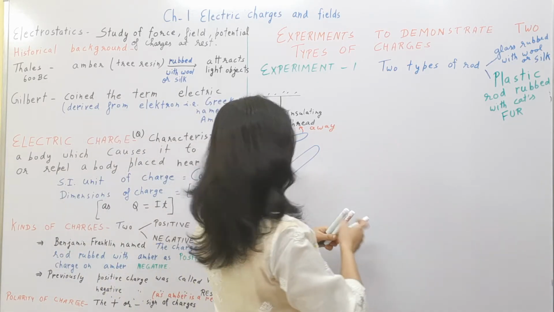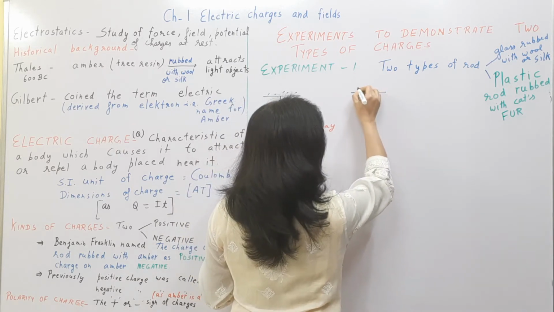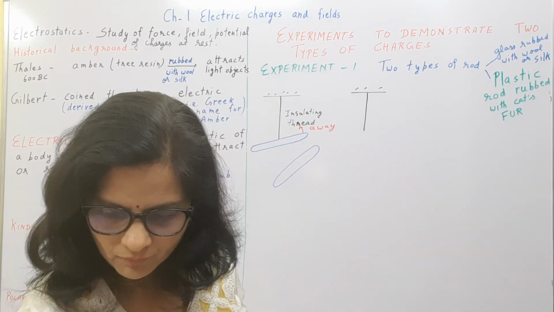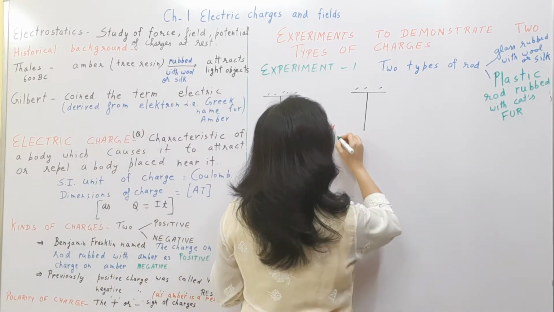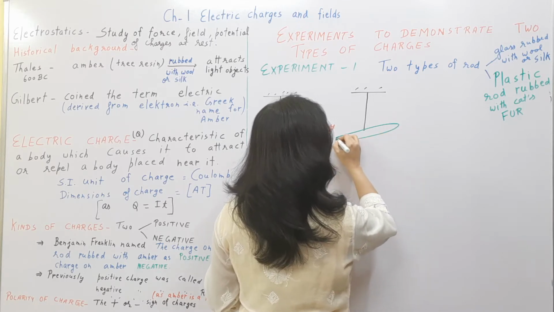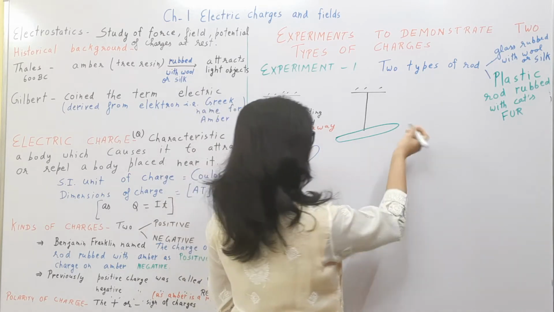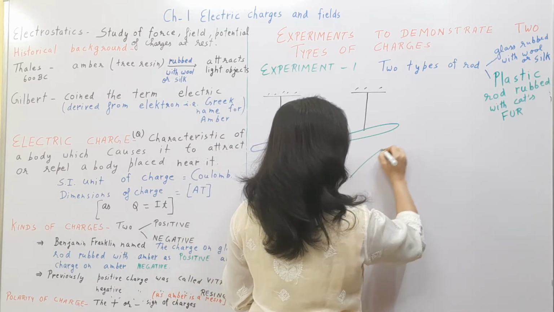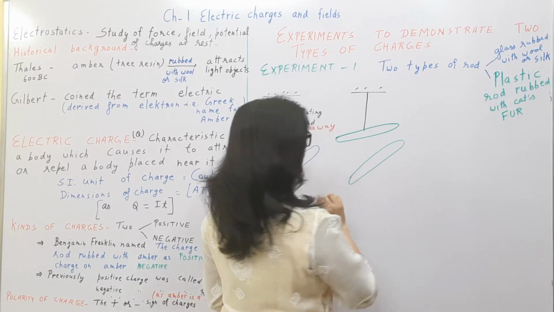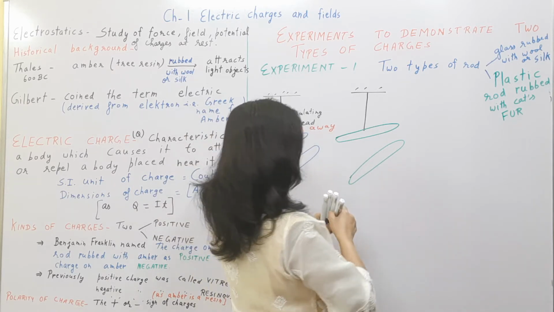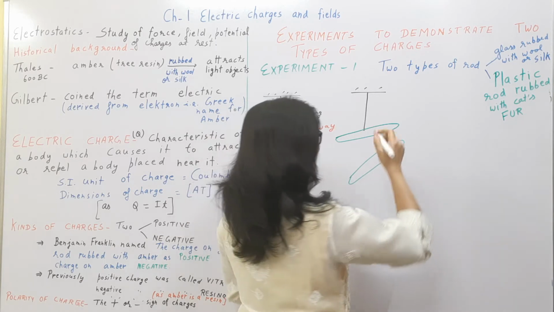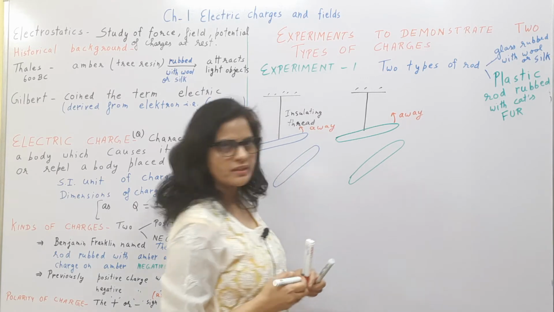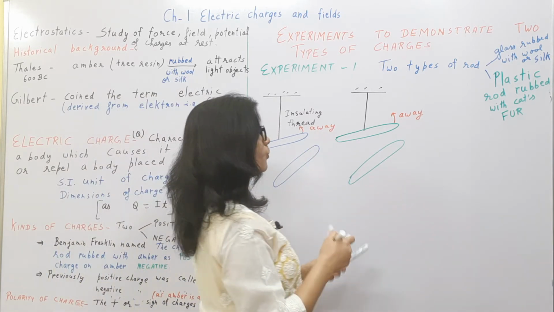In the second case, again with an insulating thread, a plastic rod rubbed with cat's fur is tied over here, and another plastic rod rubbed with cat's fur is brought near it, and it was observed again in this case that this tries to go away from it.